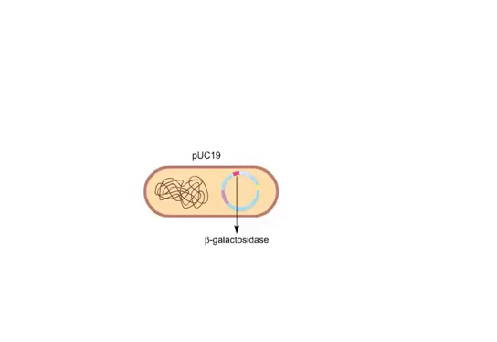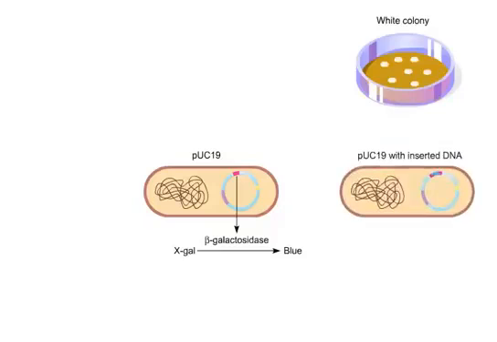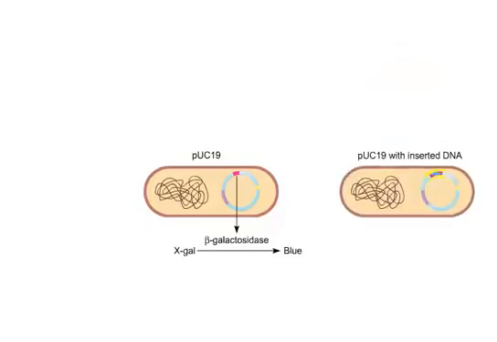Beta-galactosidase converts the chemical X-gal to a blue color so the bacterial colonies become blue. In cells with the recombinant plasmids, DNA is inserted into pUC19 and disrupts the lacZ+ gene, so no functional beta-galactosidase is produced. X-gal remains unchanged and the bacterial colony appears white.